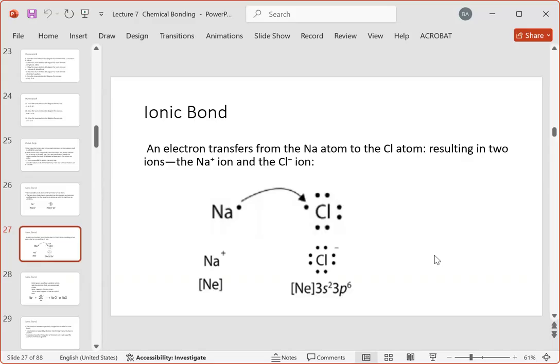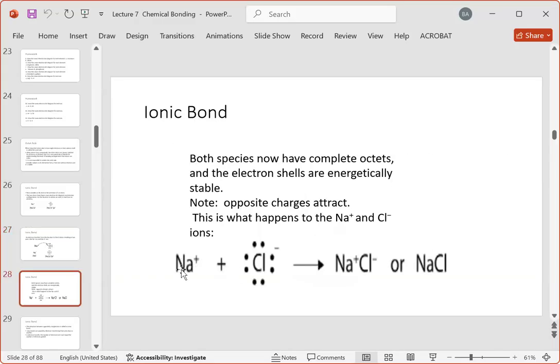So the sodium ion and the chlorine ion will attract each other, come together, and form sodium chloride. So that's the reason why the octet rule needs to be satisfied, so that the bonding can take place.